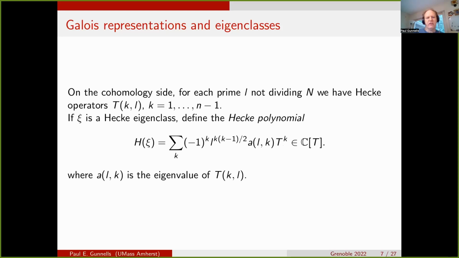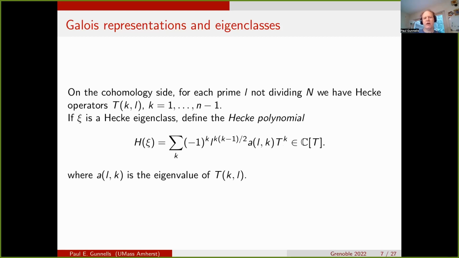Okay, on the cohomology side, for each prime L not dividing n, and I want to throw away the one for p as well, we have these Hecke operators that I mentioned before. They commute with each other, so we can look for mutual eigenclasses. And if we have one, we can package the eigenvalues of those operators together in a polynomial. It's a random-looking polynomial.